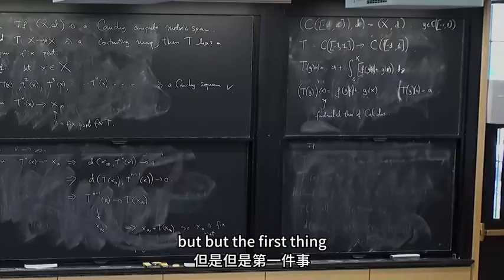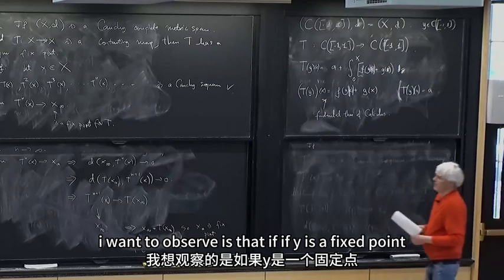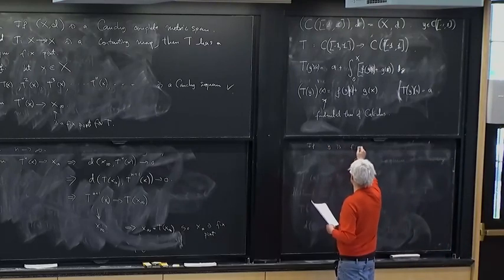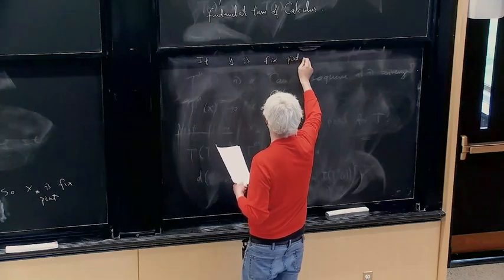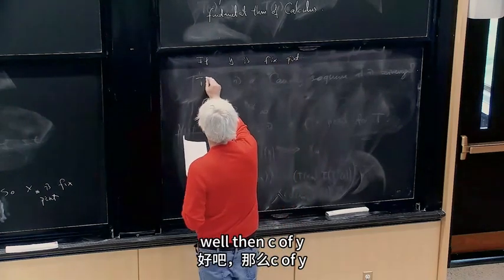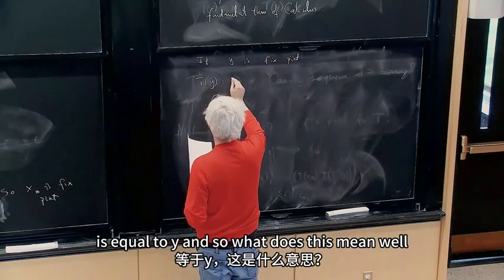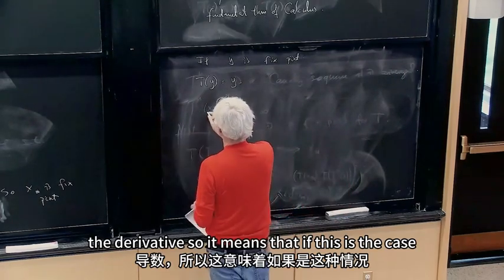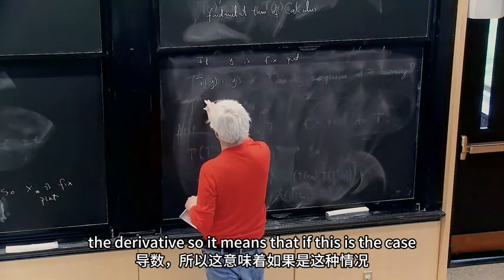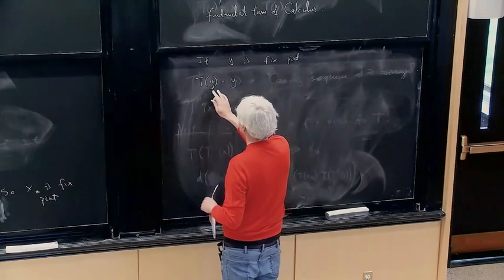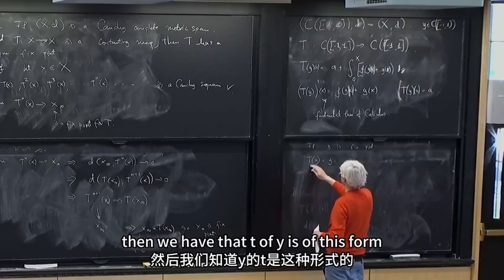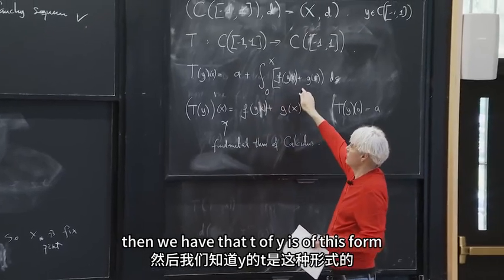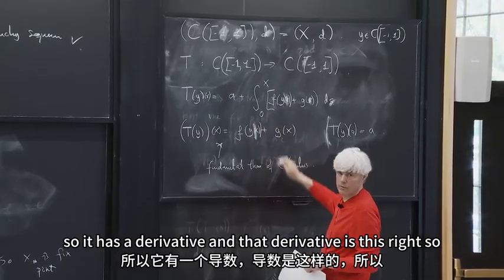Okay, but the first thing I want to observe is that if y is a fixed point, then T of y is equal to y. And what does this mean? It means that T of y is of this form. So it has a derivative, and that derivative is this, right?